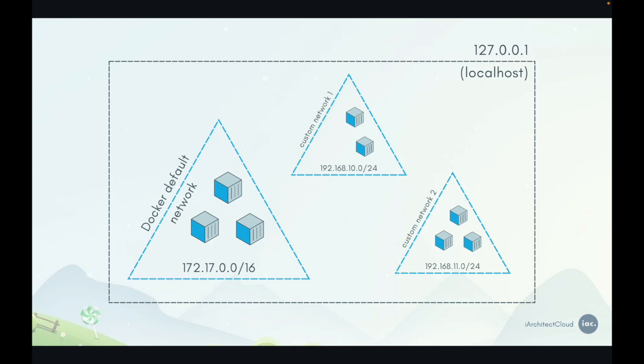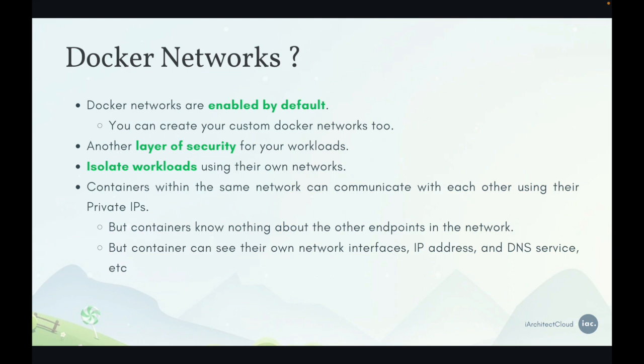Let's move into some theory first. Docker networks are enabled by default, as we have seen before. Whenever you create a container without specifying any network details, your container is assigned to the default Docker network and gets an IP from there. Also, as I mentioned earlier, you can create custom networks in your Docker host.